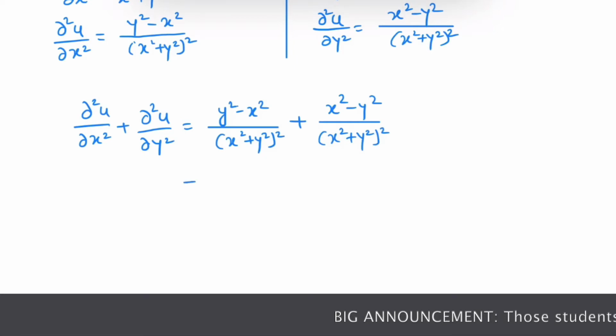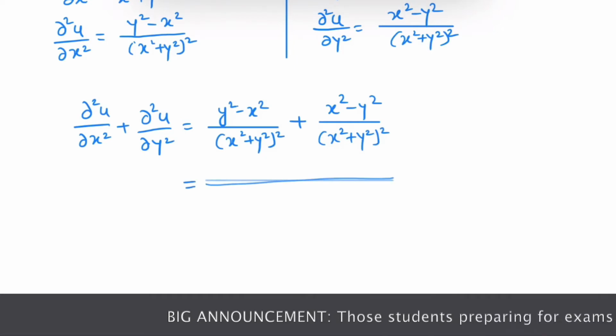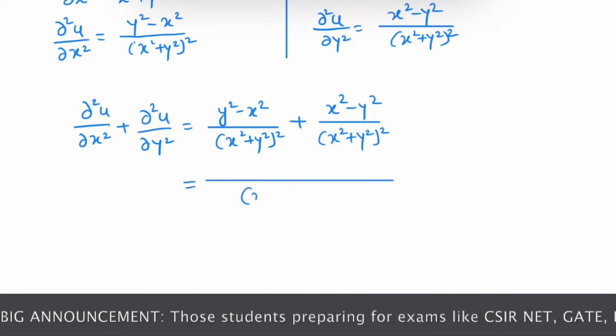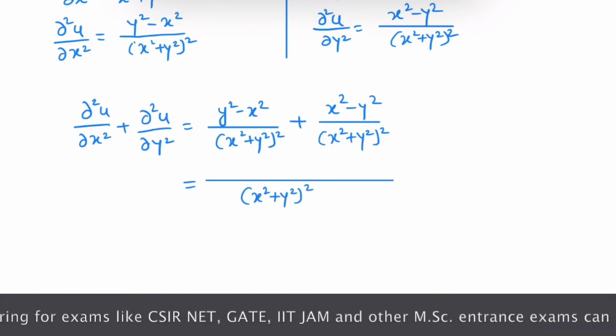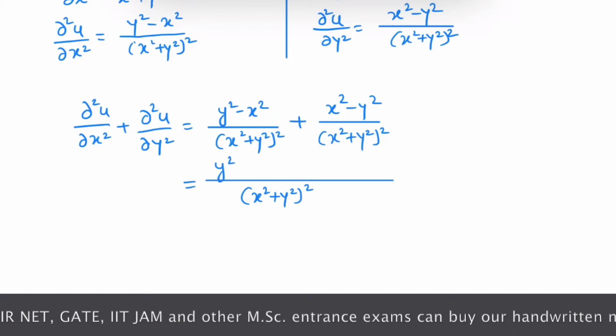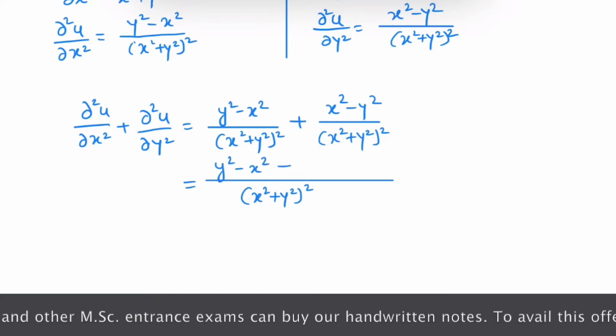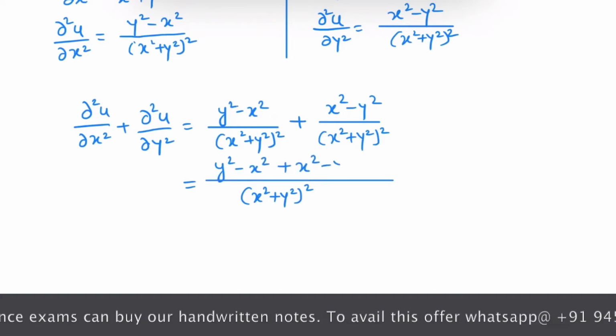Simplifying this, in the denominator we have x square plus y square whole square, and in the numerator we have y square minus x square plus x square minus y square.